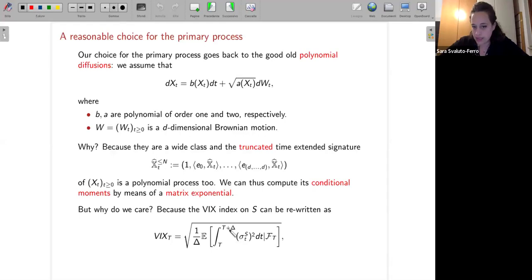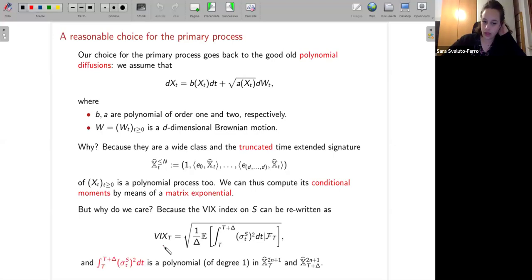Because if we write the VIX in this way, what we have inside is a linear combination of the signature, which is a polynomial process. So this conditional expectation can be written as a matrix exponential multiplied by the signature of the primary process at time s. So we get a closed form for the VIX, and we can do the calibration.